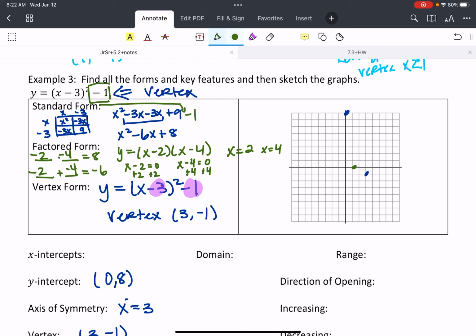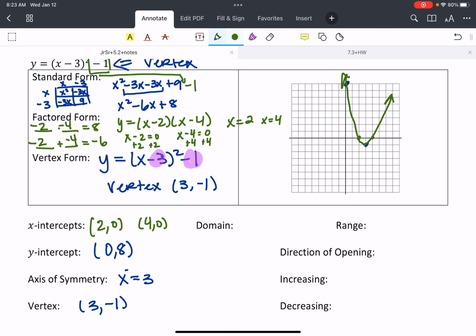So 2 and 1, 2, oh, heavens. I can't count today. 2, 3, 4. There we go. So our x-intercepts, as I write them as ordered pairs, are 2, 0 and 4, 0. That's what our parabola shape ends up looking like.